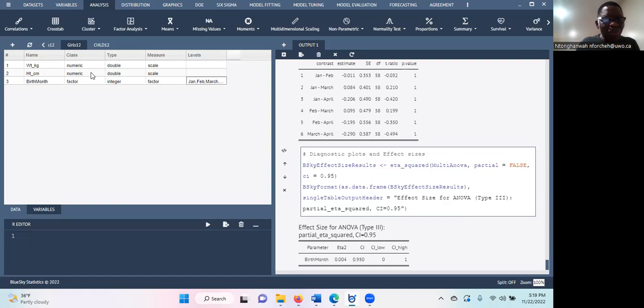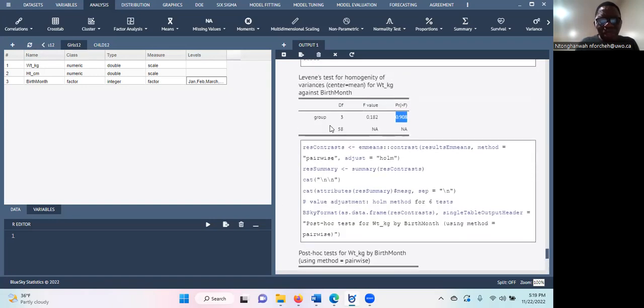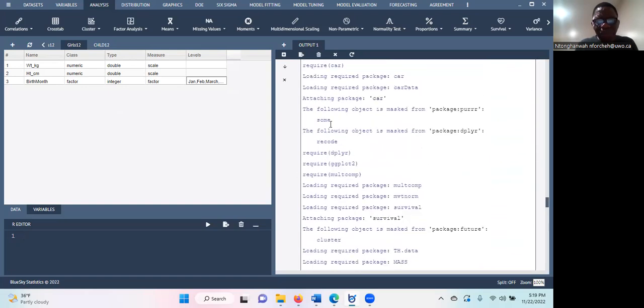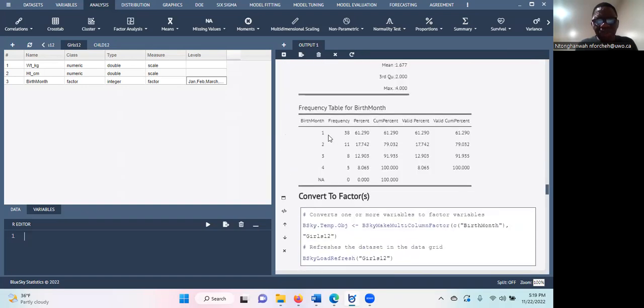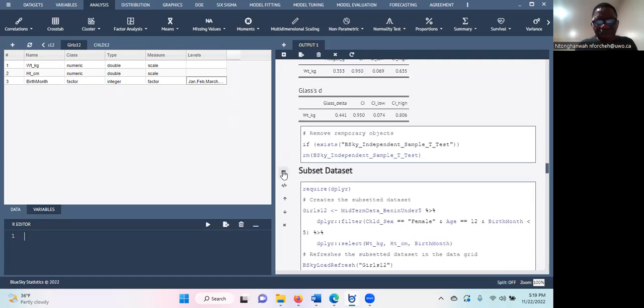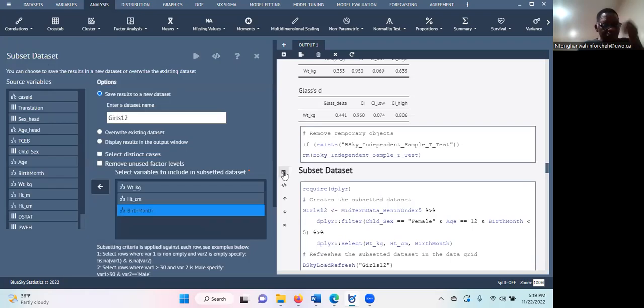Okay, so let's go back to that data. Let's go to the data and do something that we know should produce differences. So I want to take a different data set now, a subset. We're not really interested in birth month.